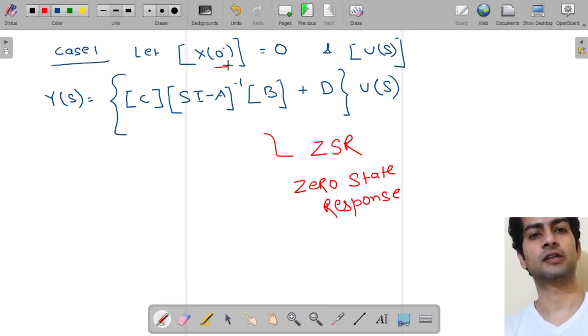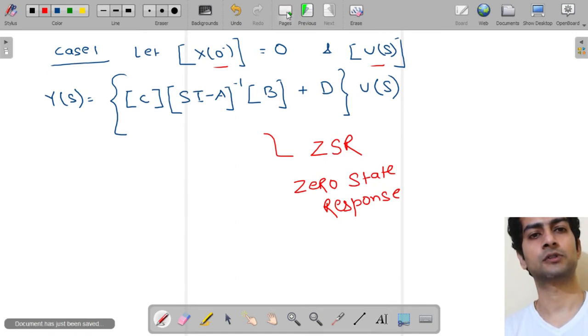When initial conditions are zero and input is applied, the output is known as the zero state response.